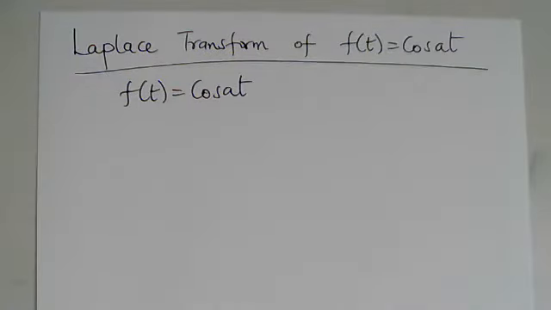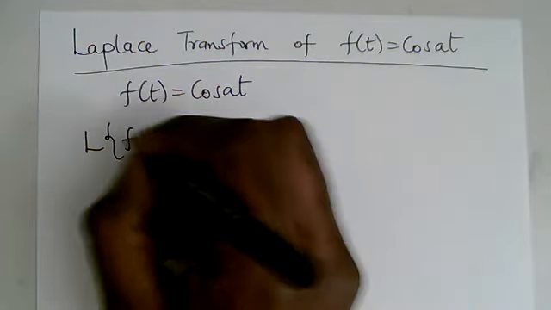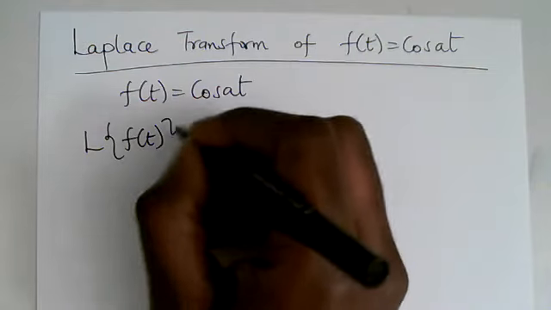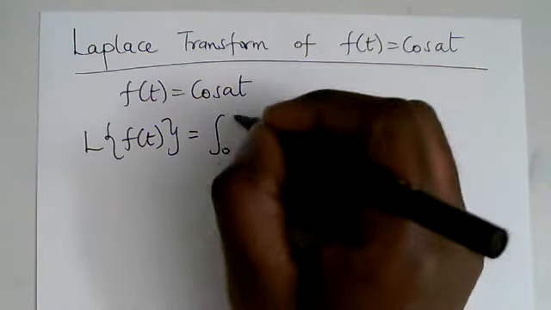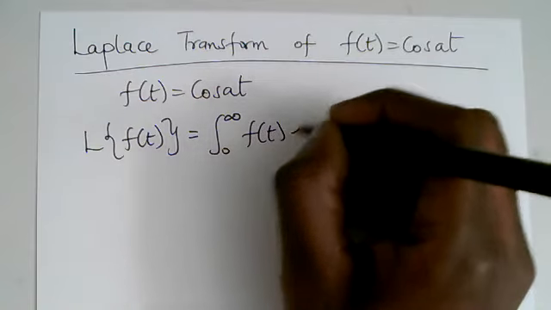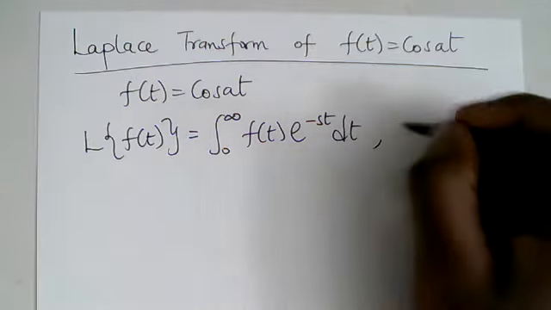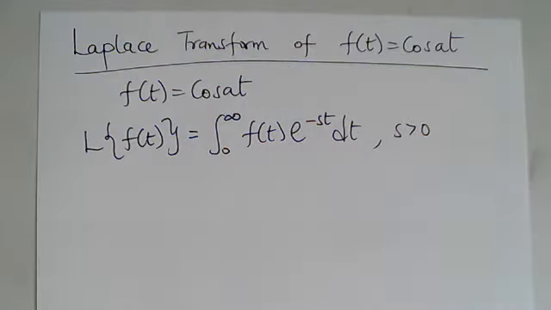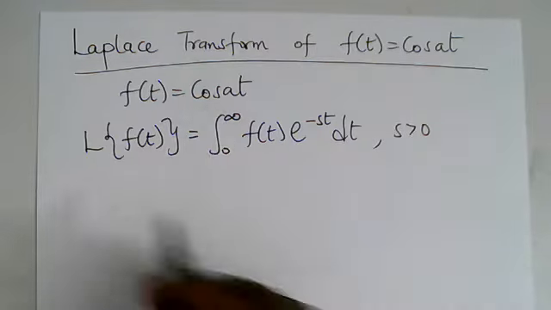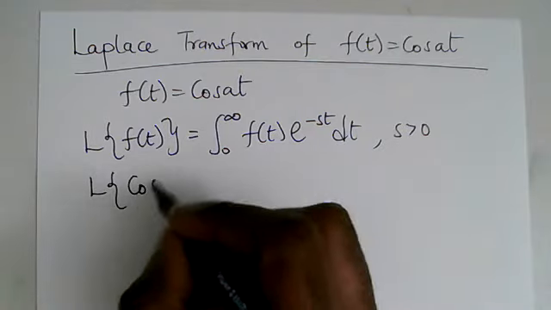We use the definition of the Laplace transform, giving us the integral from 0 to infinity of f of t times e to the power of minus st dt, given s is positive. Now the function we are considering here is cos at, so in place of f of t, we use cos at.